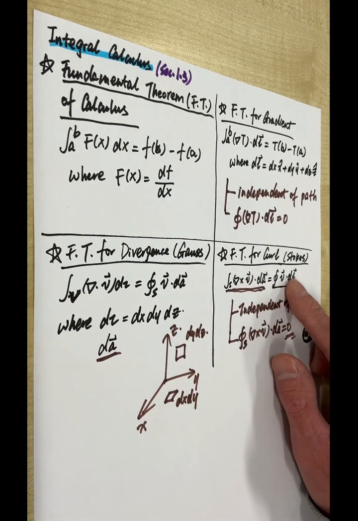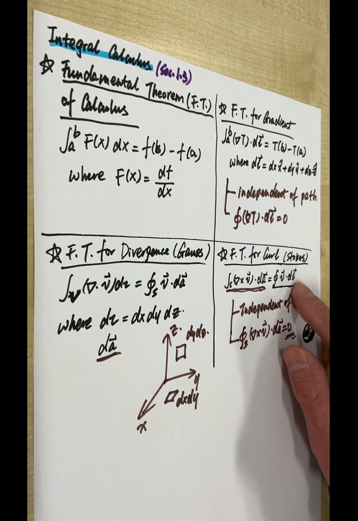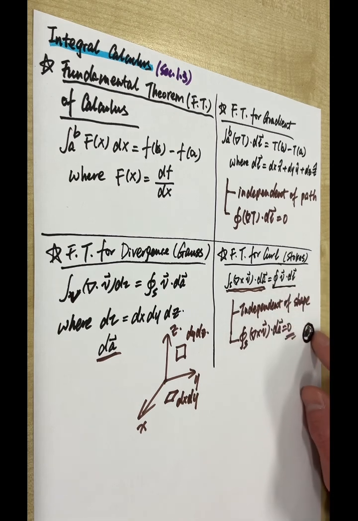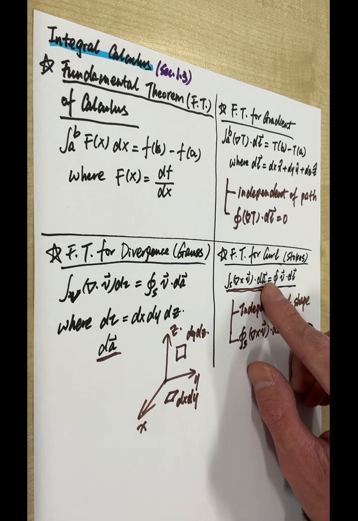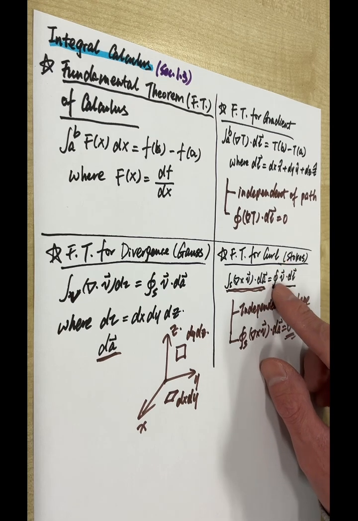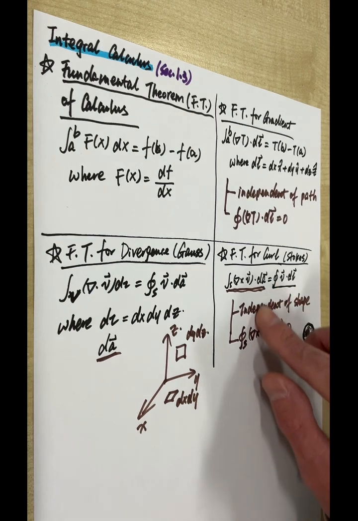And then on the right hand side, suppose the magnetic field doesn't change over a closed path. Then we can move the magnetic field outside of the integral. Then the closed line integral over a path is just the total length.